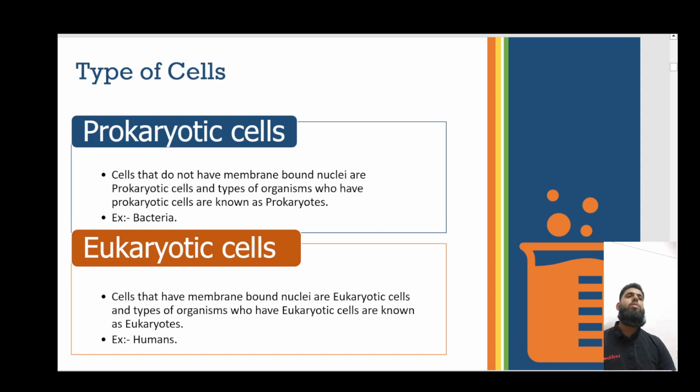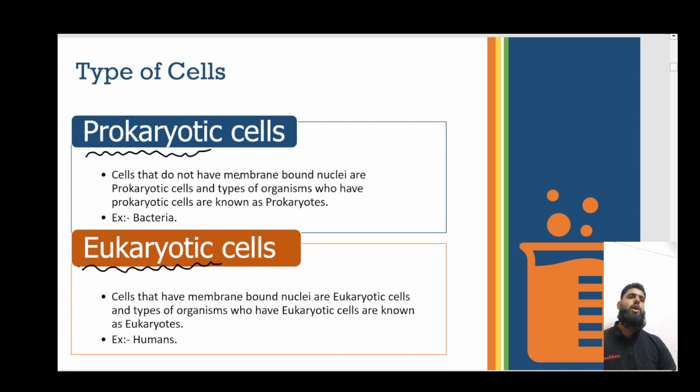Now there are two types of cells. First one is known as prokaryotic cells and second one is eukaryotic cells. So what are prokaryotic cells? Let's begin.